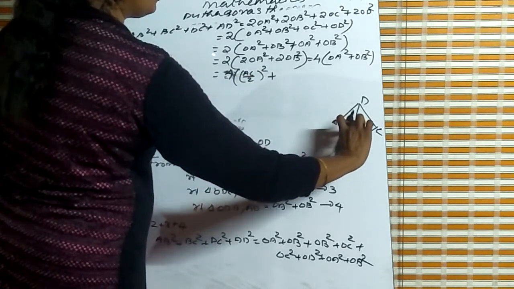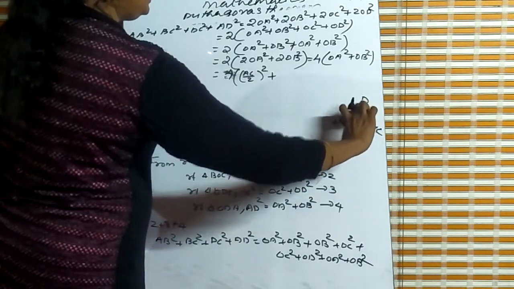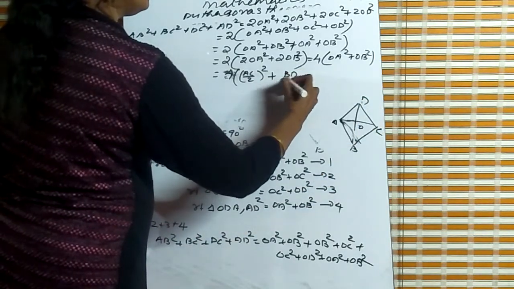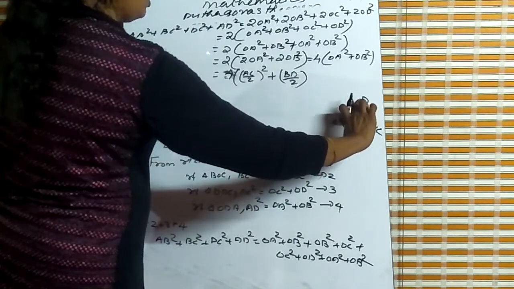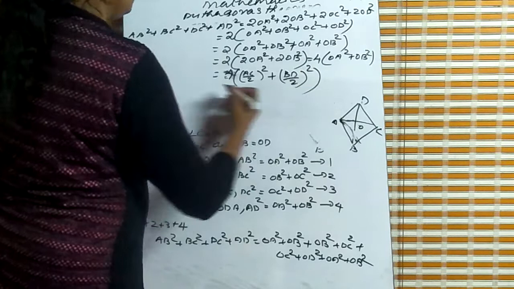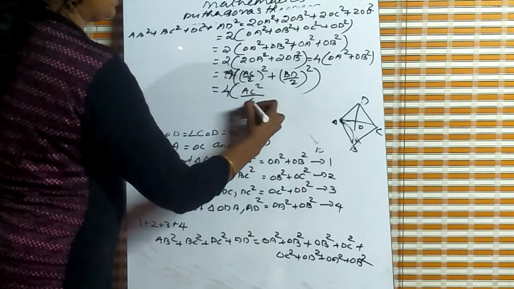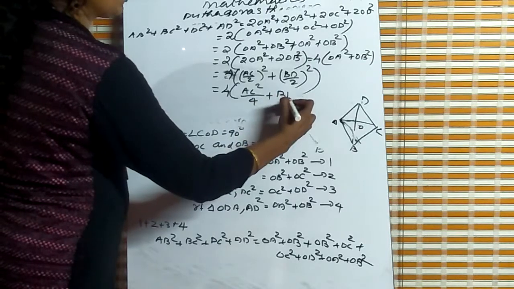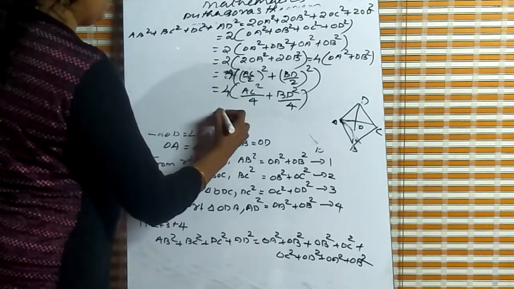OB is equal to BD by 2, whole square. This OB is half BD. This equals 4 into AC square by 4 plus BD square by 4.